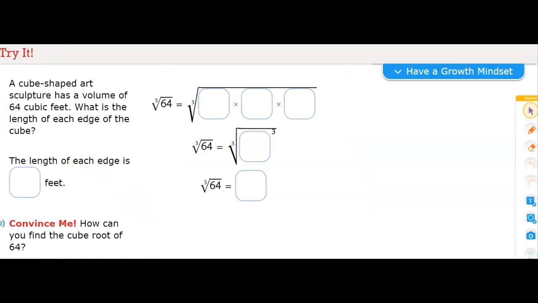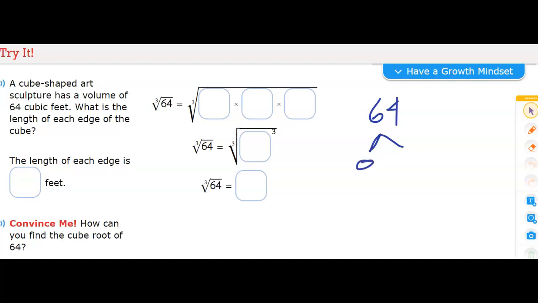A cube-shaped art sculpture has a volume of 64 cubic feet. What is the length of each edge of the cube? To find our cube root, we're going to take the 64 and find the prime factors.